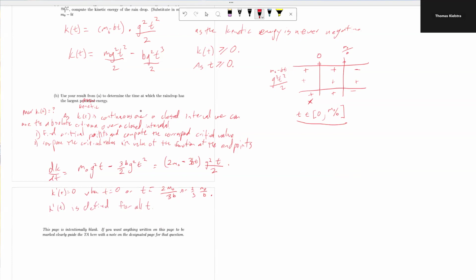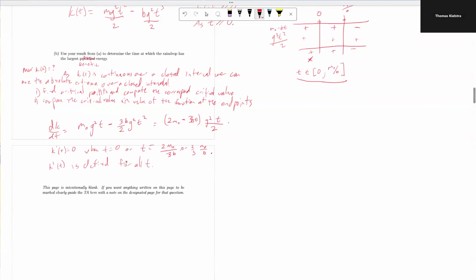Now we check to see if these locations where the derivative equals zero are critical points or not. And to check if they're critical points, we check if they're within the domain. As t equals 0 is on the boundary of the domain, it is not a critical point.